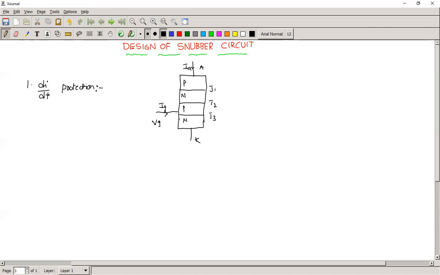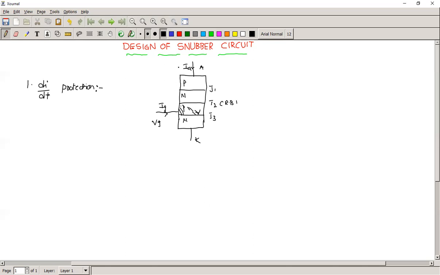Whenever we apply the gate voltage, if the SCR is forward biased, junctions J1 and J3 are forward biased, whereas junction J2 is reverse biased. Now we are applying the gate voltage between the gate and the cathode. Initially the gate current is more near the gate; away from the gate, the density of the gate current will be less.